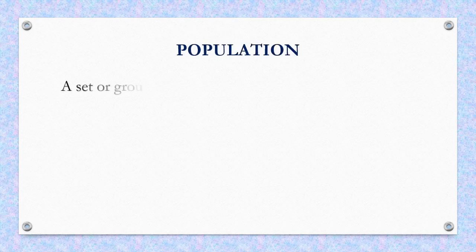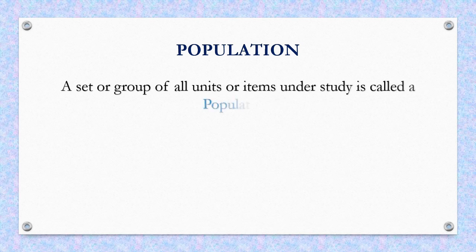Now, before we start with the actual explanation of the chapter, let us revise something which we studied in the very first topic of the first chapter, that is population. The population is a set or group of all units or items under study. We call that population.